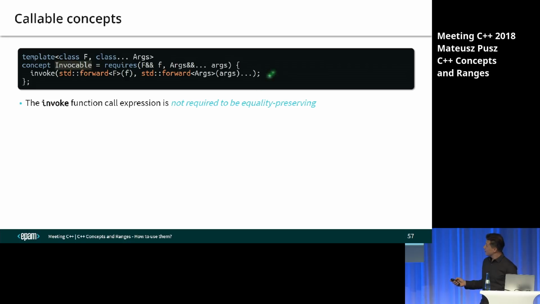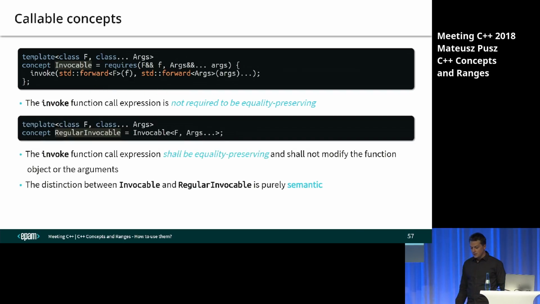Invocable is a functor that can be called with arguments, and this invoke function is not required to be equality preserving. We have the regular invocable concept, which means that this time the invocable is equality preserving. The distinction between them is purely semantic, and you have to provide correct information in your classes because ranges will not be able to detect it based on your interfaces.